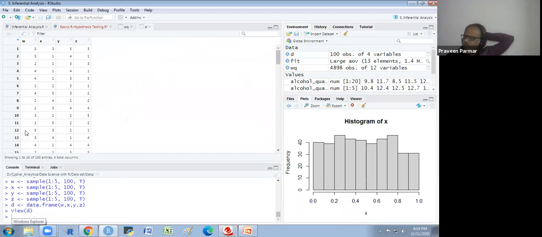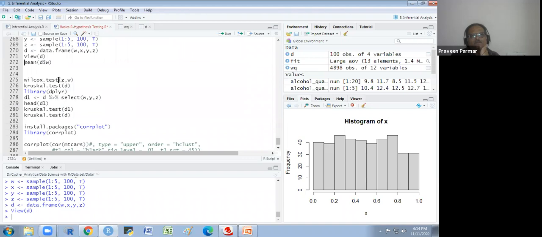This is ordinal data, a Likert type scale, 1 to 5 we have. Suppose hypothetically strongly disagree, not certain, agree, strongly agree. In this way, 1 to 5 we have given.